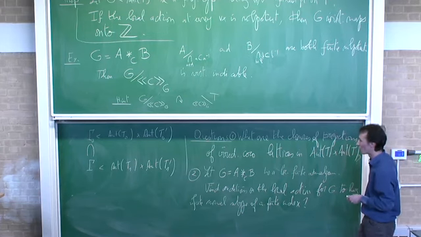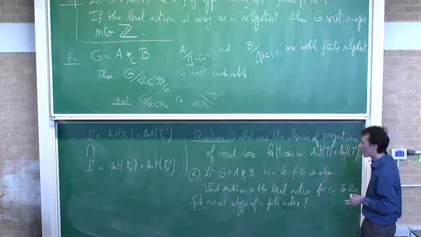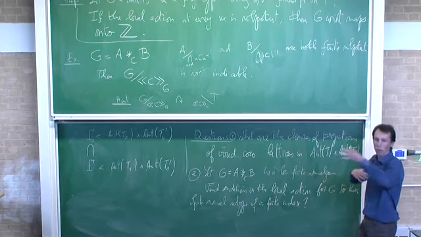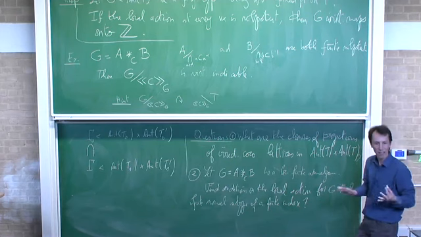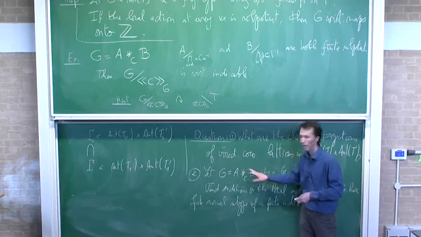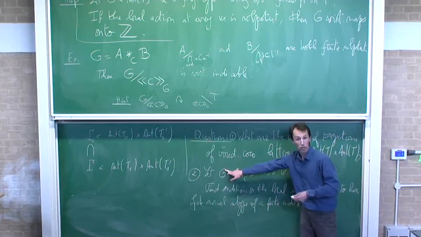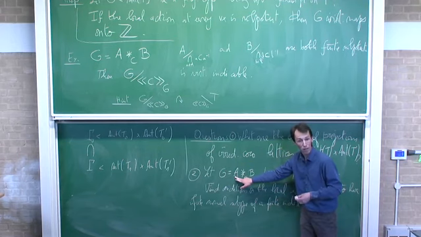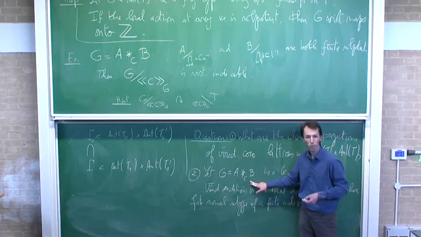And if the local action is something between doubly transitive and nilpotent, it's not really clear what happens. And I'm willing to assume things on A, B, and C, because if G is a lattice in a product of two trees, I will know that A, B, C are free groups. Okay.